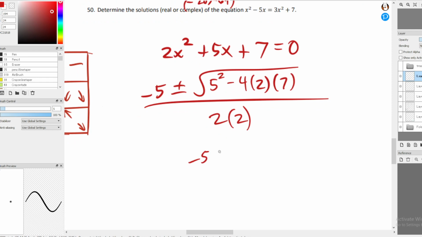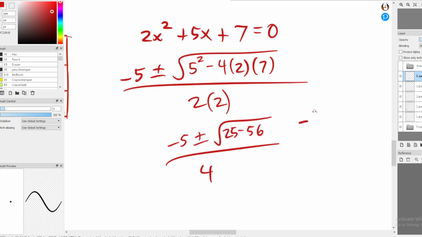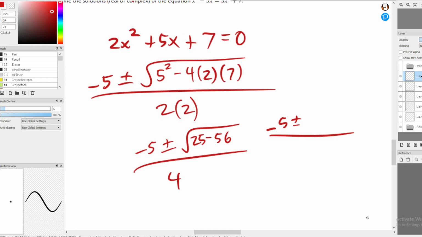So I'll get -5 plus or minus the square root of 25 minus 56. So we're going to have an i in this one, which is always fun to deal with. We'll have -5 plus or minus the square root of -31, but I'm going to take out an i so we can have a positive in there, and then it's all over 4.